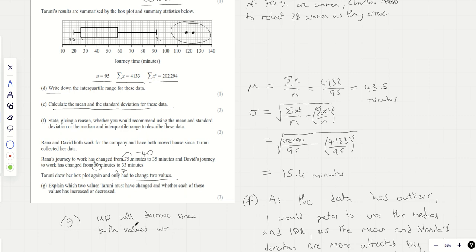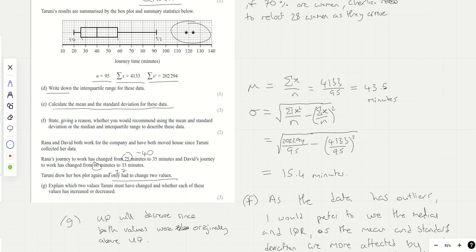So we need to move that upper quartile lower. Upper quartile will decrease since both values were originally above the upper quartile. And now they're below. Do you see what I mean? So that must reduce the upper quartile.